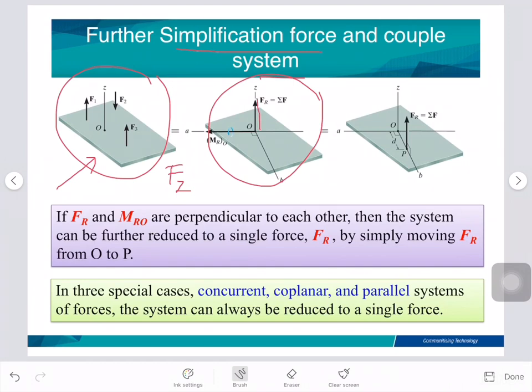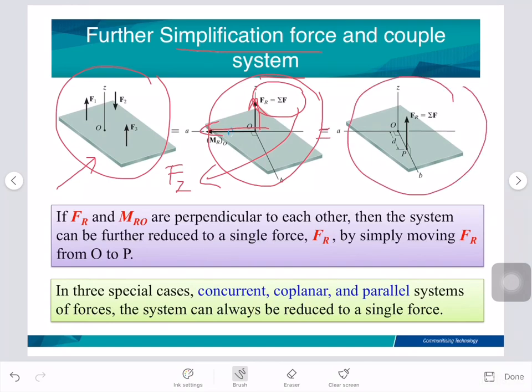So we can have the force resultant. This force resultant is equal to the summation of all of the forces. For this case, the force is in the z-axis. So this force at this point O created the moment resultant. So this single force resultant is equal to this figure.